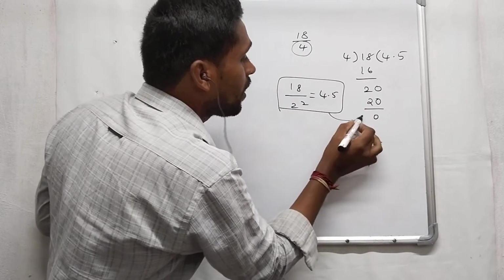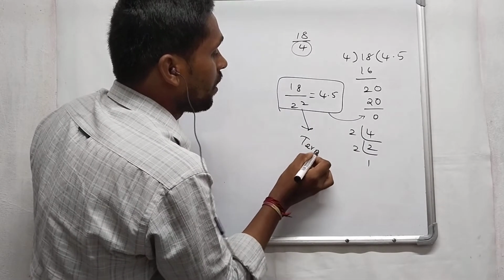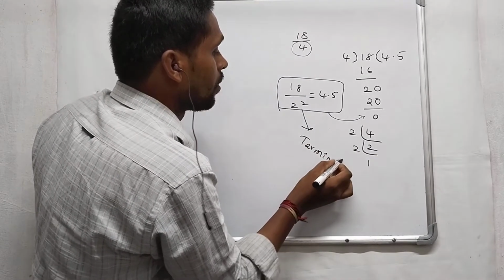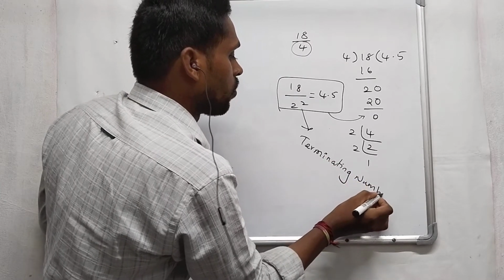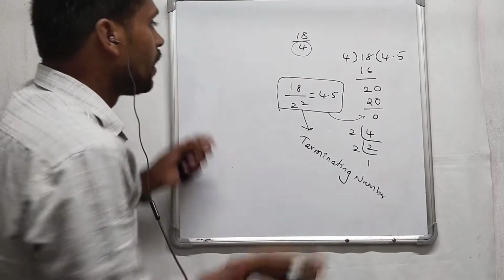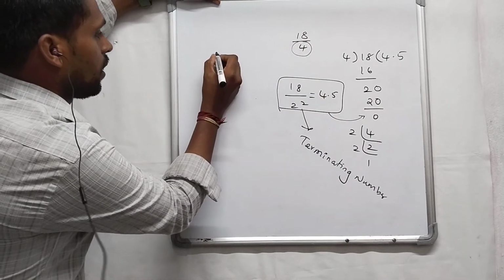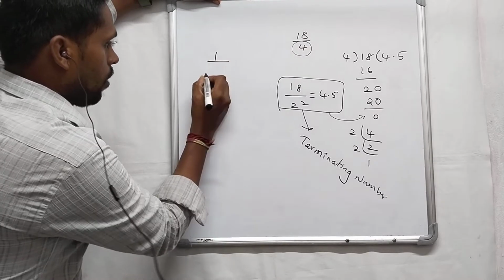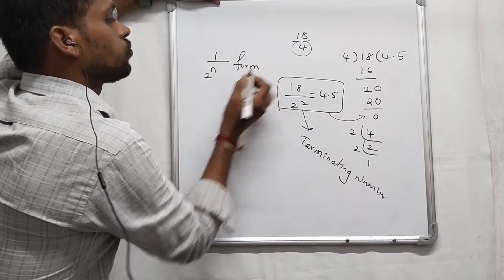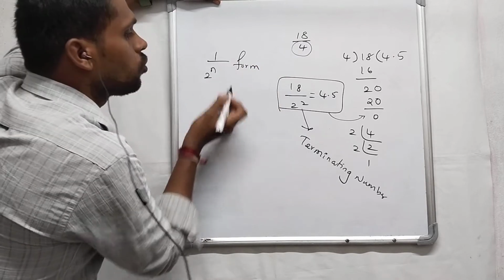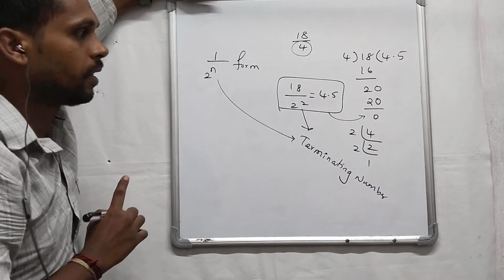When it gives a remainder 0, then those numbers we call terminating numbers. Simple conclusion: if a denominator converts to 2 power n form, then it is a terminating number.